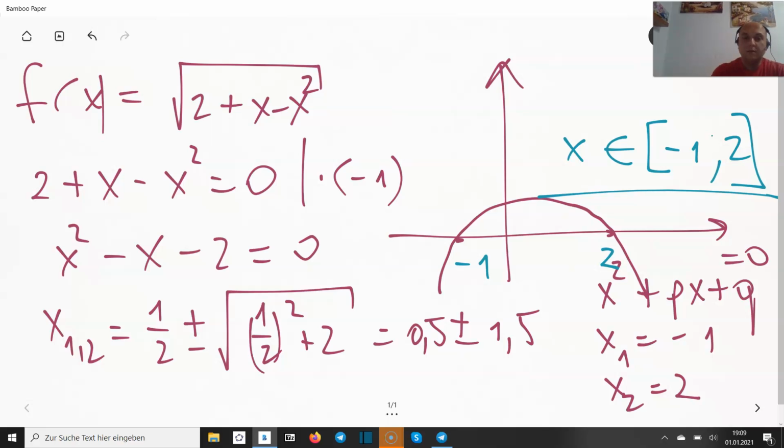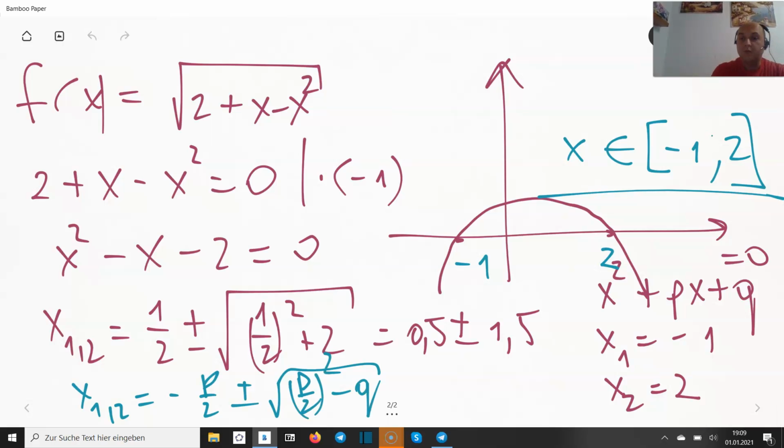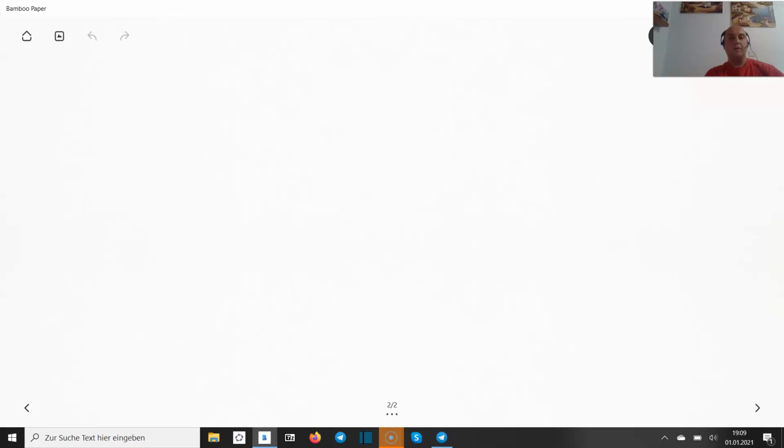And the PQ formula, just to write it down, is minus p half plus minus the square root of p half squared minus q. Maybe you've seen it somewhere, I don't know. But once again, it's a special case of the ABC formula if a is equal to 1. All right, let's move on.